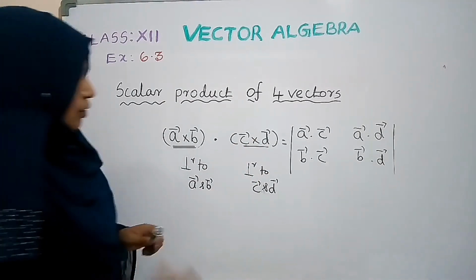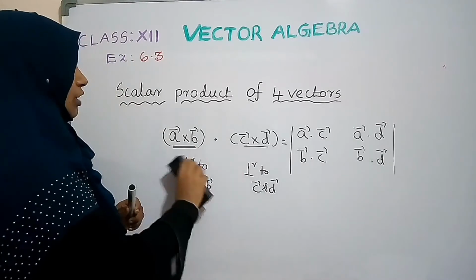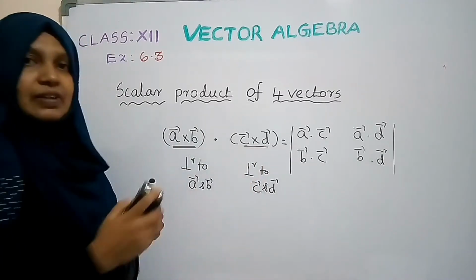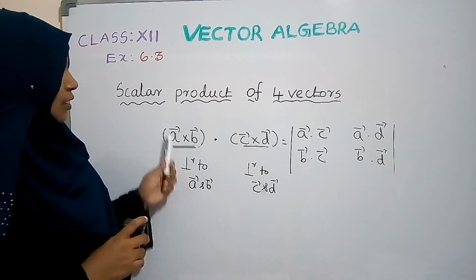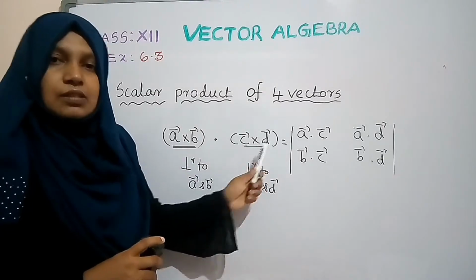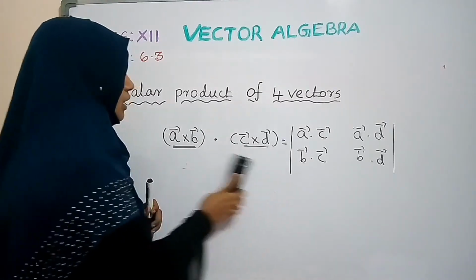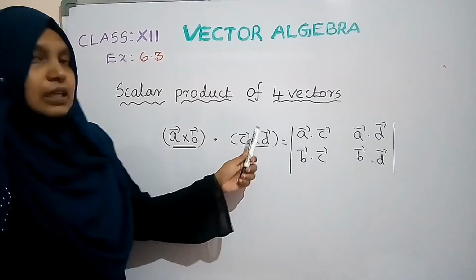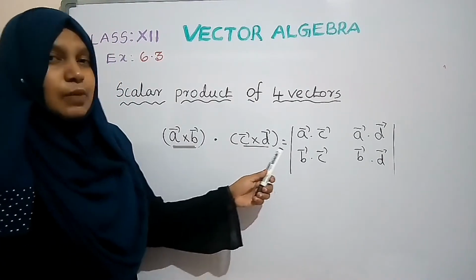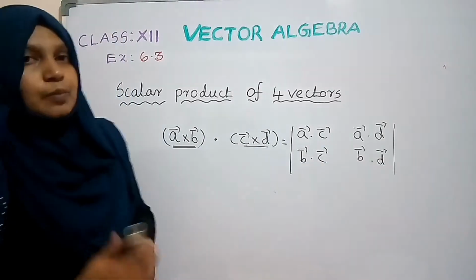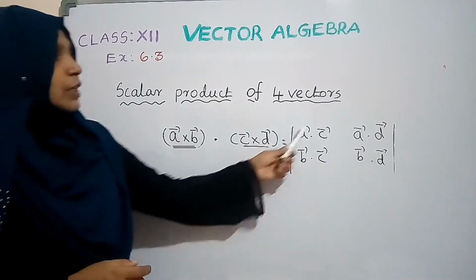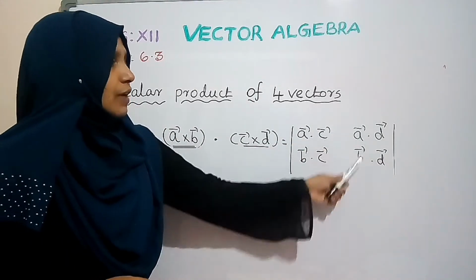So now we are calculating the dot product between these two vectors. A vector cross B vector is a vector now, and C vector cross D vector is also a vector. Now we are finding the dot product between these two vectors. It can also be calculated by a 2 by 2 determinant. In that 2 by 2 determinant, we have 4 values.